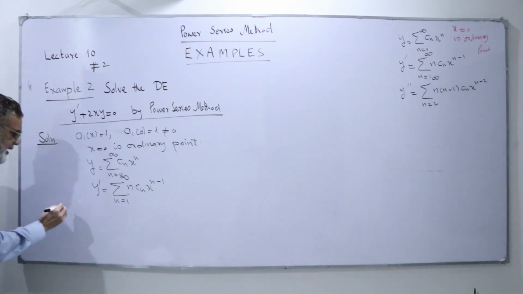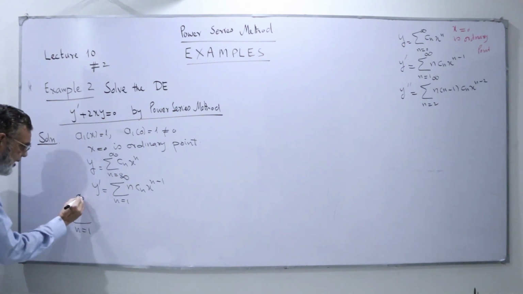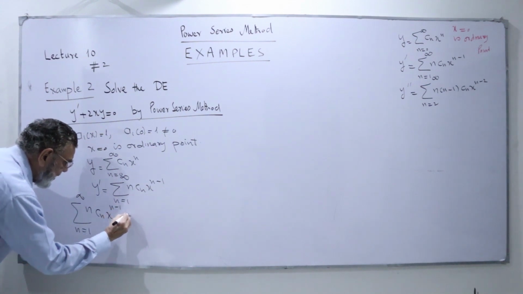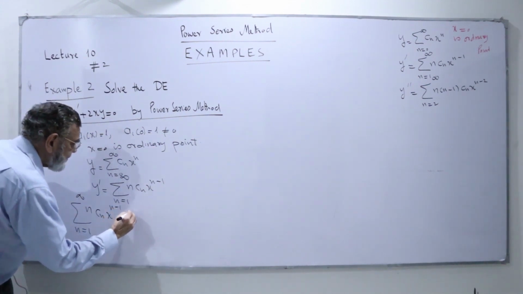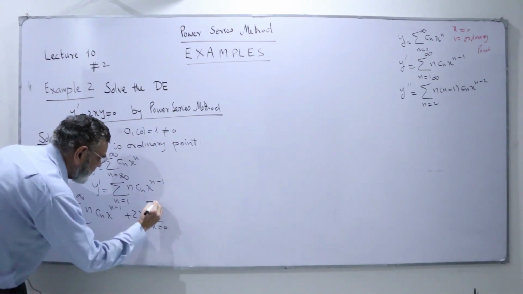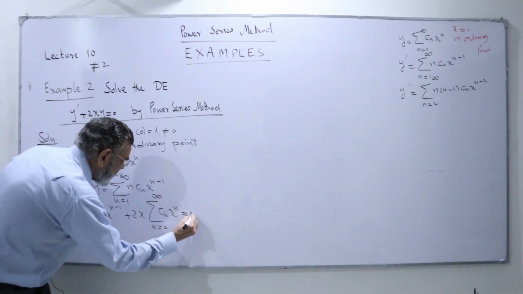For y dash, I get sigma n from 1 to infinity n cn x to the power n minus 1, plus we have 2x times sigma n from 0 to infinity cn x to the power n, equal to 0.